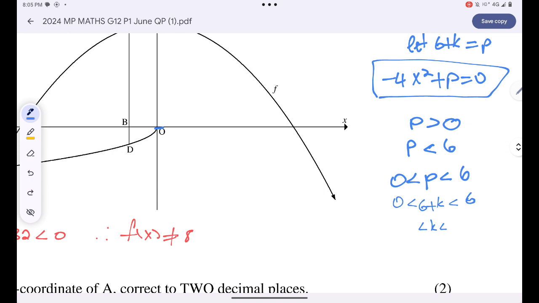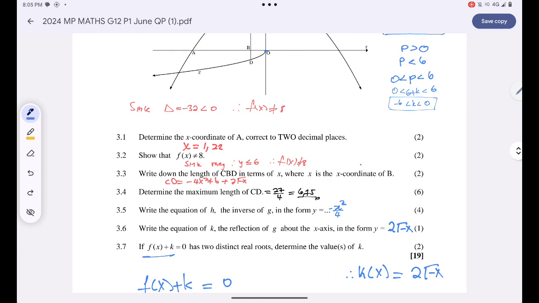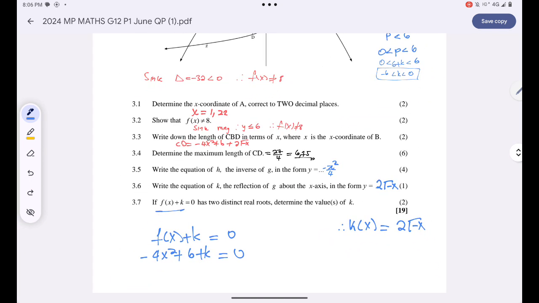On the left hand side, I'll have 0 minus 6, which gives me negative 6. On the other side, 6 minus 6 gives me 0. So that's how I was supposed to tackle that question. So k should be between negative 6 and 0.